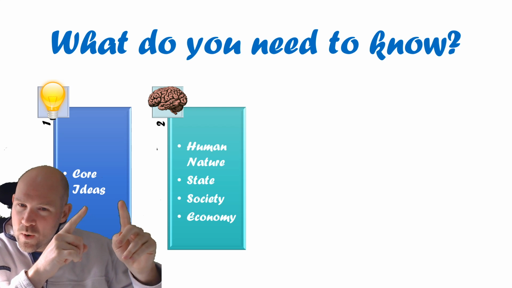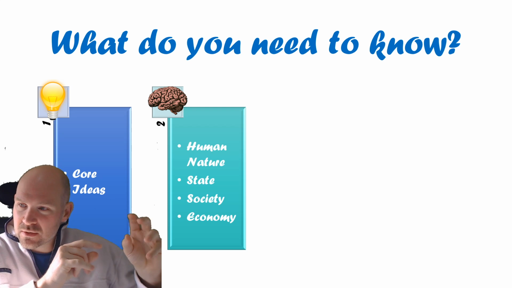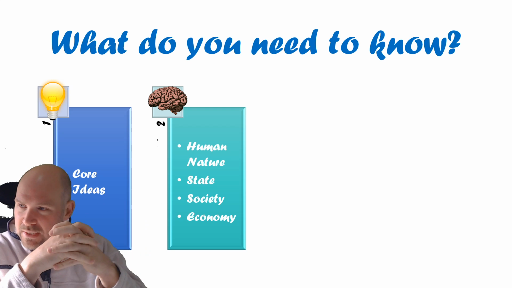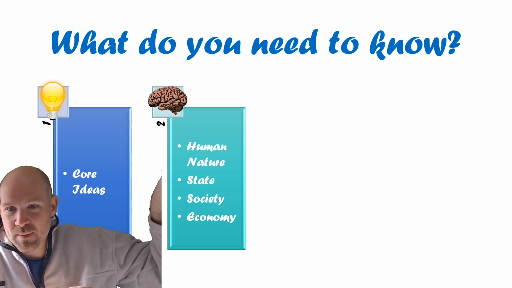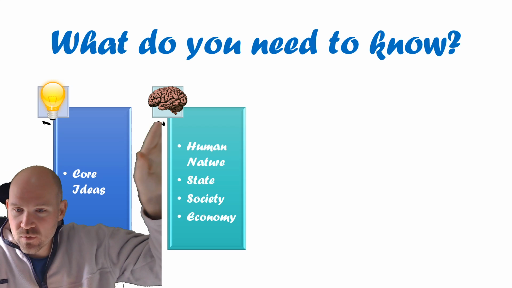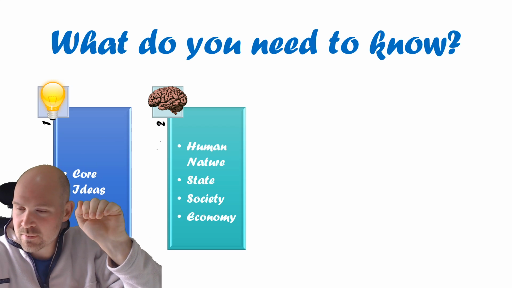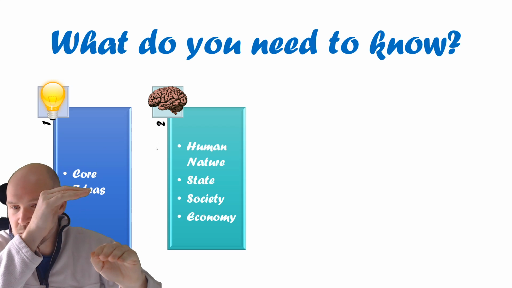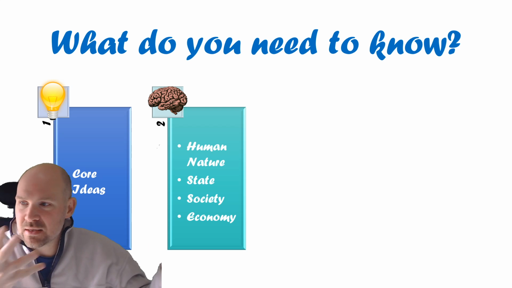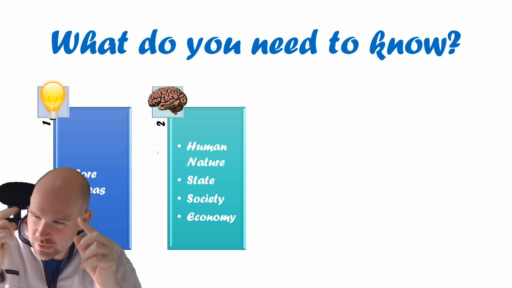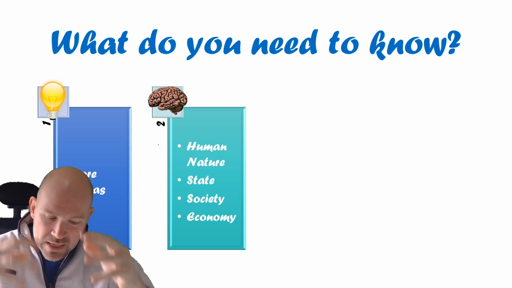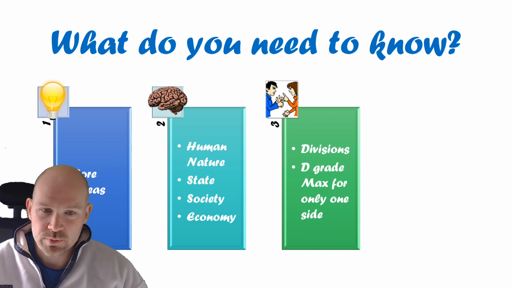And when you start to understand these political ideas, you'll see that all of these things are linked, and there's a beautiful synergy between them, because what they believe about human nature will impact on what they think a society will be like, and therefore what a state's role will have to be, and therefore how the economy will work under that. So they're all linked, but you need to know them distinct and as a group.